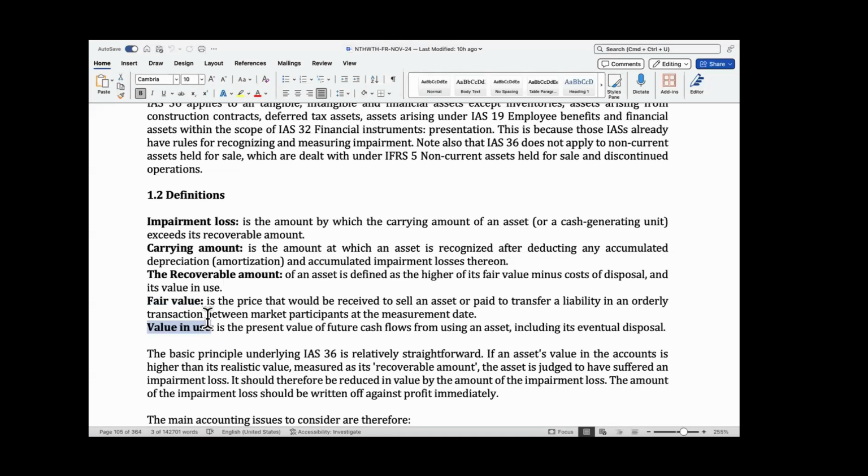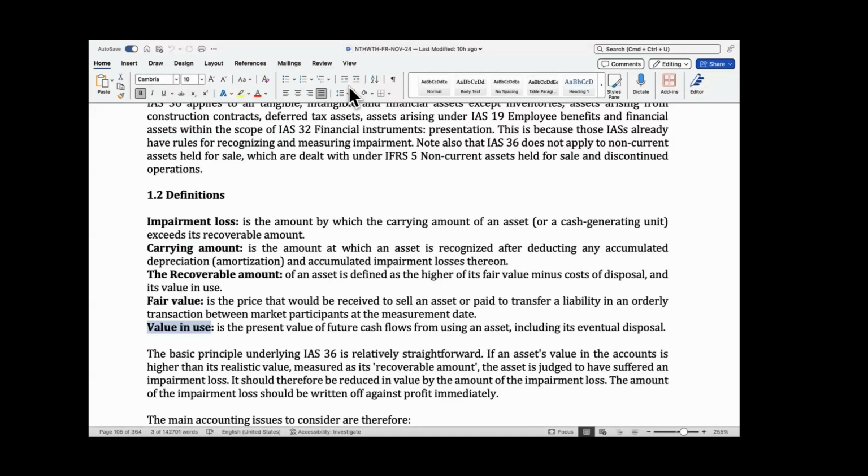That the amount you can recover either from selling an asset or from using it. Because let's face it, those are the two ways in which you can make money from an asset. If there's anyone here that knows any other way, let us know. But from the perspective of this standard, those are the two ways you can make money. And that's what we term as the recoverable amount of an asset.